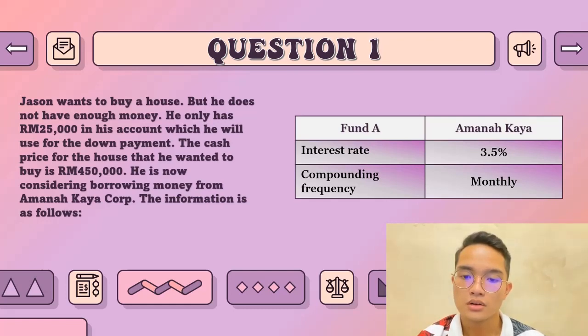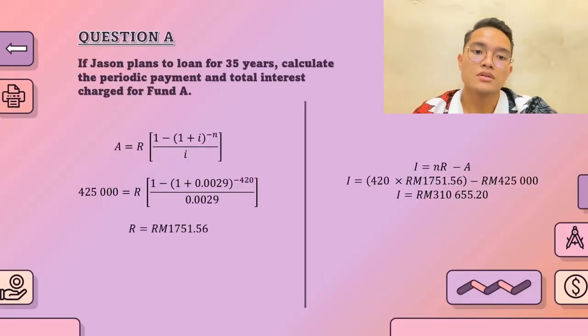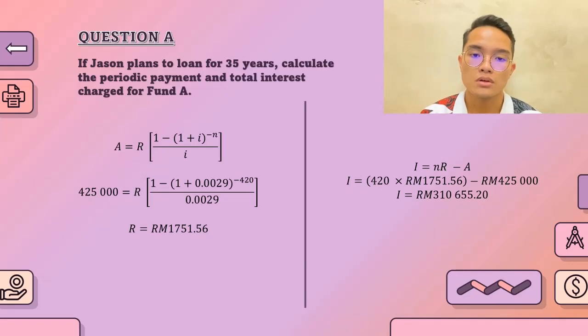Meanwhile, the compounding frequency for this fund is monthly, so M is equal to 12. This is question A. If Jason plans to loan for 35 years, calculate the periodic payment and total interest charge for Fund A.